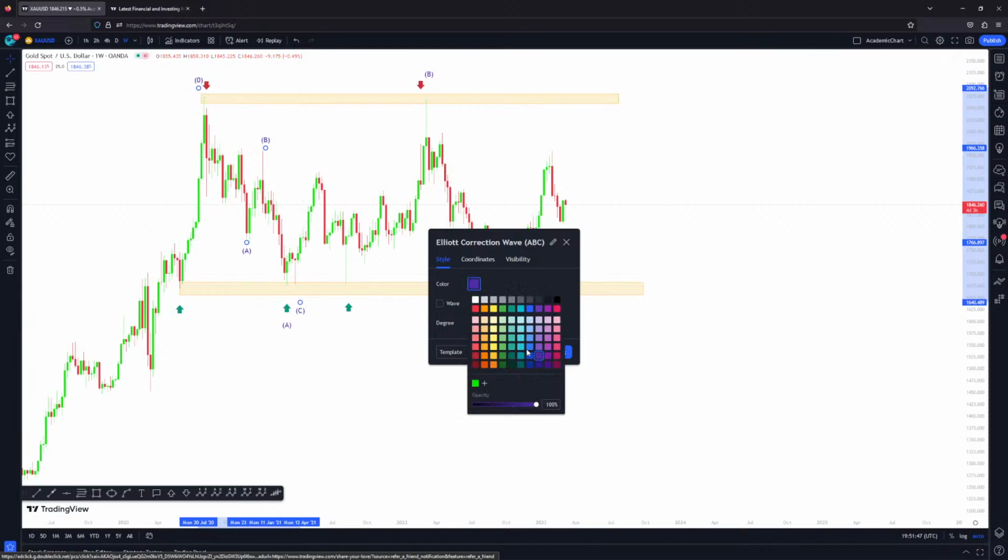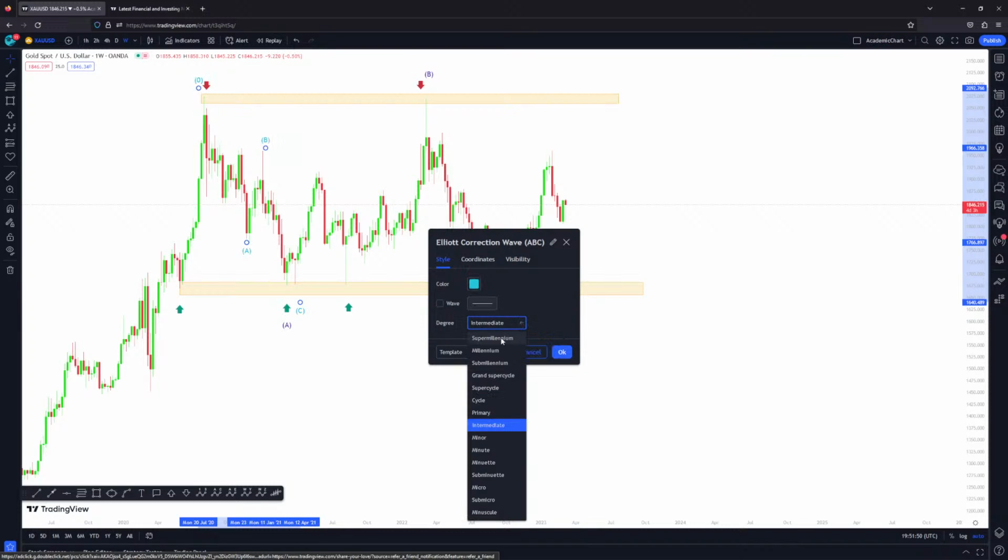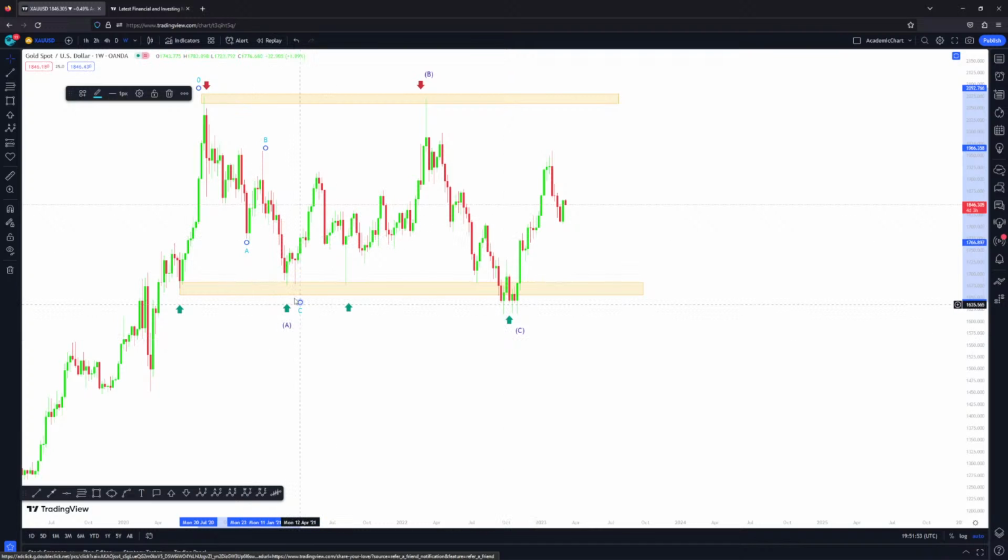It is so clear. Let's choose another color, and it is going to be minor. So this A itself is one ABC. Also, this B is another ABC. So it starts from here. This is the B, A, B, C. And you might be wondering, I really don't want to put B here because it was a very long shadow.